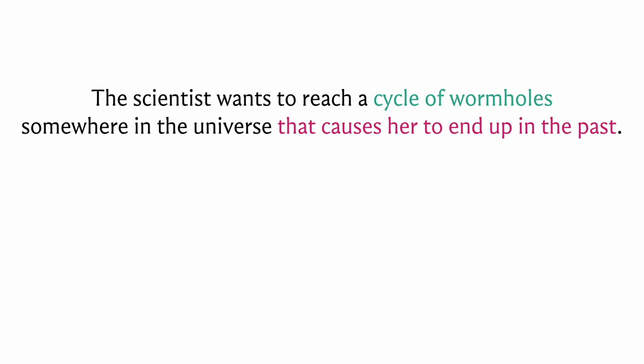statement here. So we are told that our scientist friend wants to reach a cycle of wormholes somewhere in the universe that causes her to end up in the past.